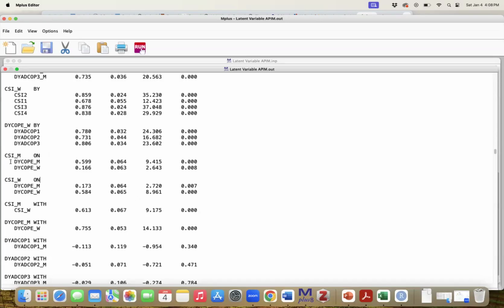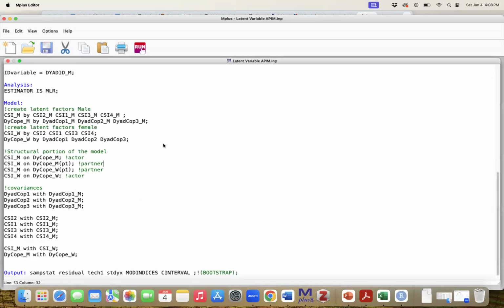And so again, because this effect was significant, we want to remove this constraint from the model. So now I'm comfortable with this measurement model.